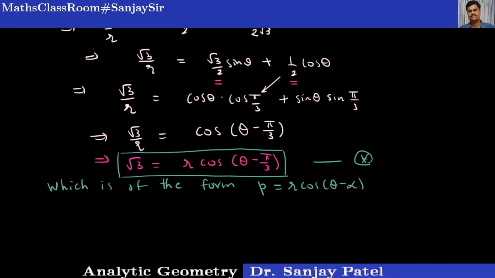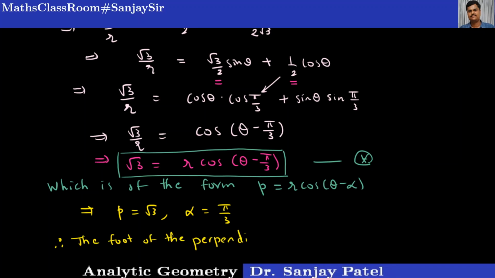So we get from this equation, what is the value of p? If you compare the two equations, p is equal to root 3 and you will get alpha is equal to pi by 3. So therefore, the foot of the perpendicular, as you have noted earlier, is M into bracket p comma alpha.